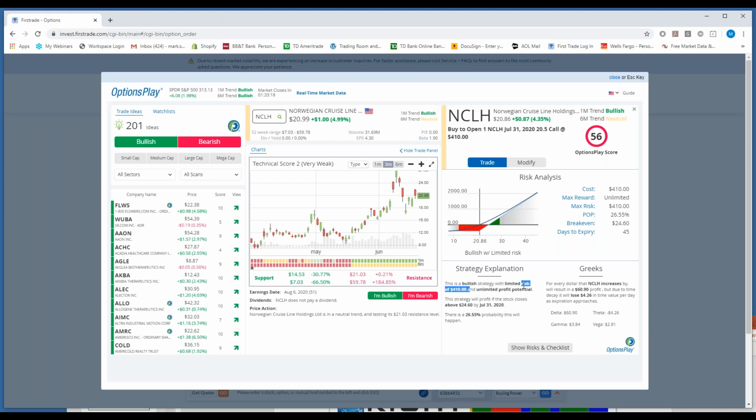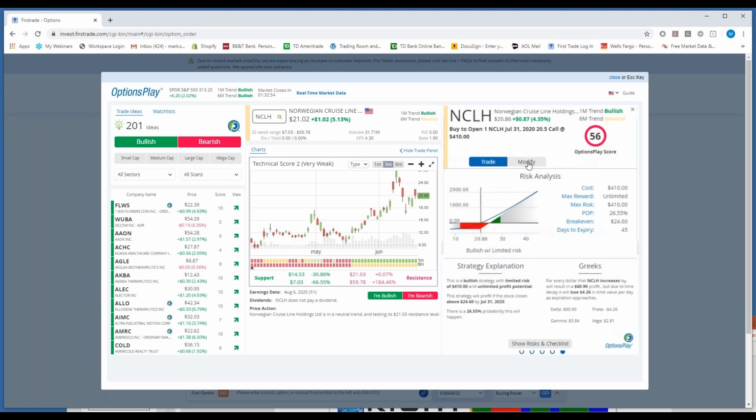There's unlimited profit. And there's about a 26% chance we're going to get the trade. The delta is very high. The gamma is very low because we're looking at a monthly, and the theta is very low. This is the kind of trade we want to take, but we can modify it.